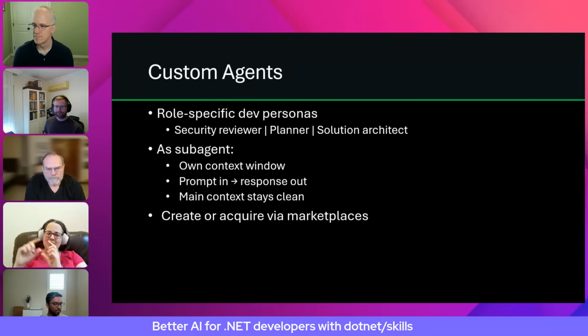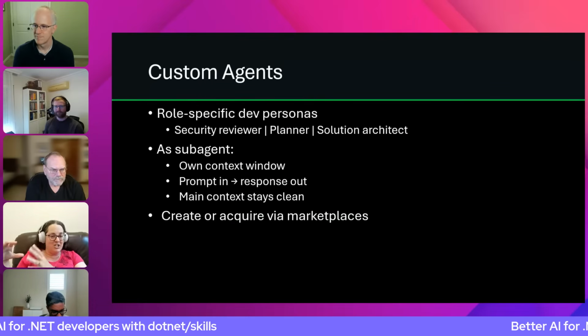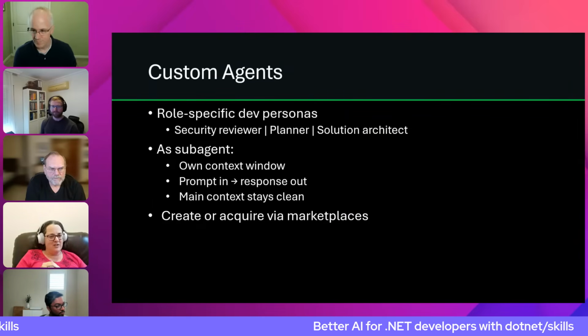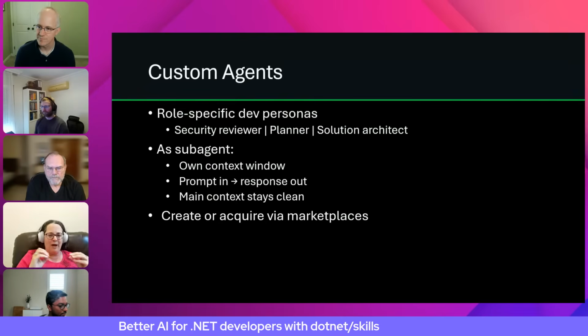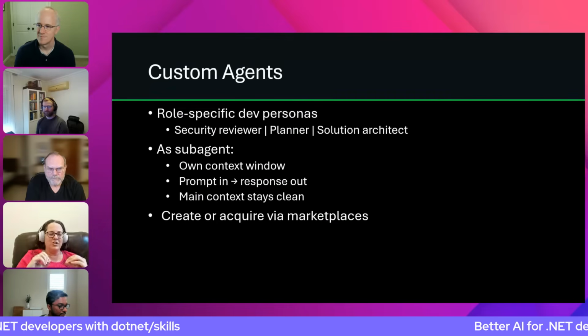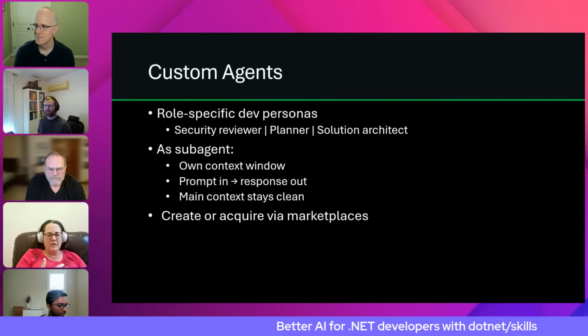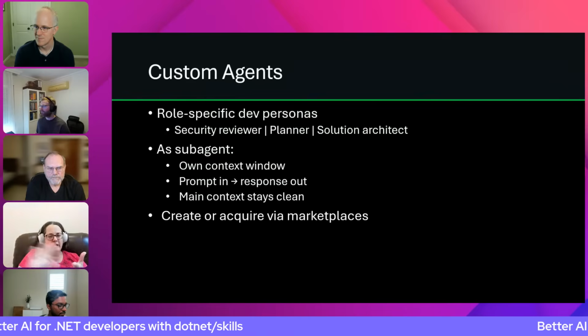It sends just the specific task that it wants that front-end developer agent to do, and it runs it, and then it sends back the results to the main agent harness. So these sub agents can be really powerful in that aspect. And so if you have specific instructions, when I'm doing front end development, I want you to follow these set of rules, that's what you would define in your custom agents. And again, I would use them in that sub agent context more than just calling it flat out.